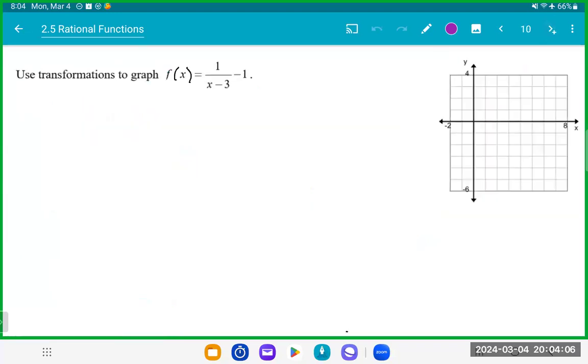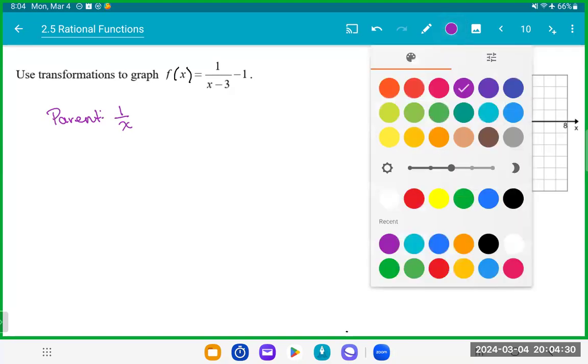Okay, so for the last thing here, we're just going to look at this graph, use transformations to do this. So first of all, what is the parent graph? So here our parent graph is really just 1 over x, okay? And when we look at this, we can start looking at the shifts.